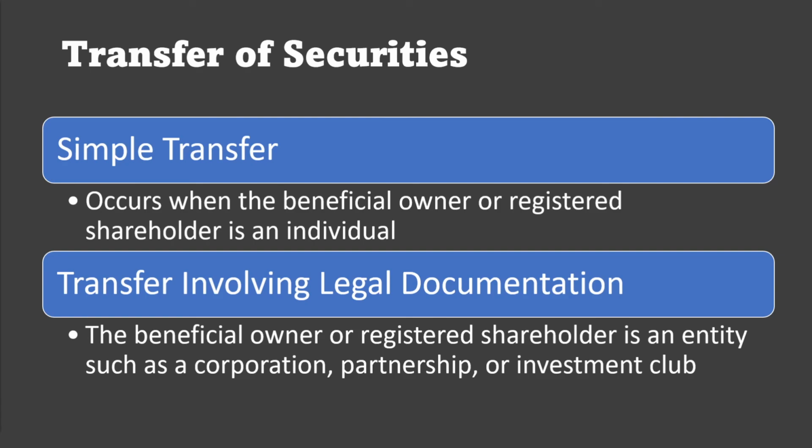You also have transfer of securities. There is what's called a simple transfer, which occurs when the beneficial owner or registered shareholder is an individual. And you also have a transfer involving legal documentation. This is when the beneficial owner or registered shareholder is an entity such as a corporation, partnership, or investment club.